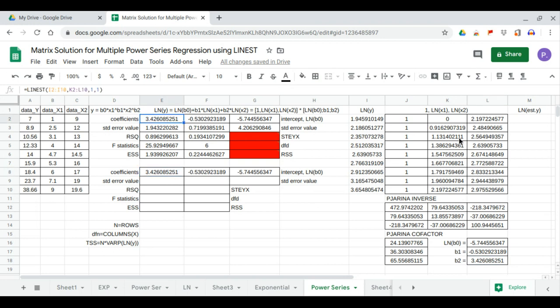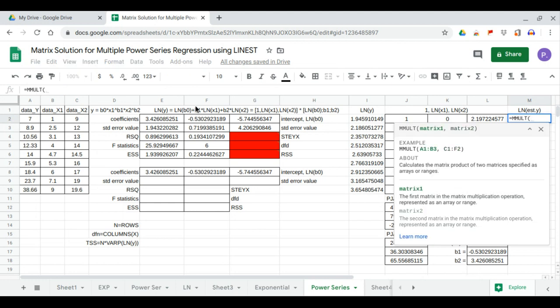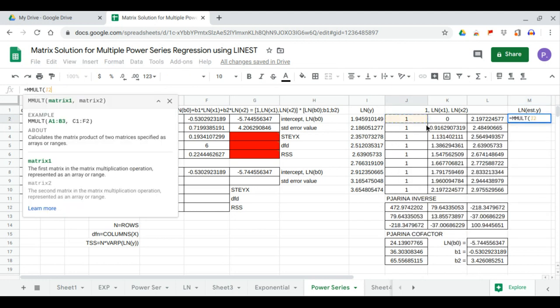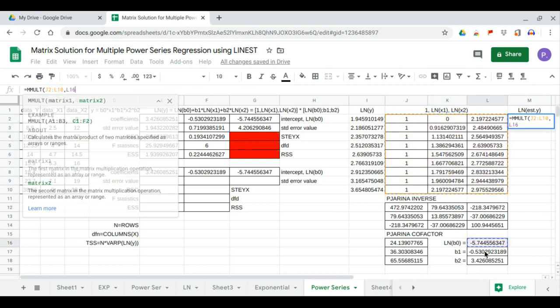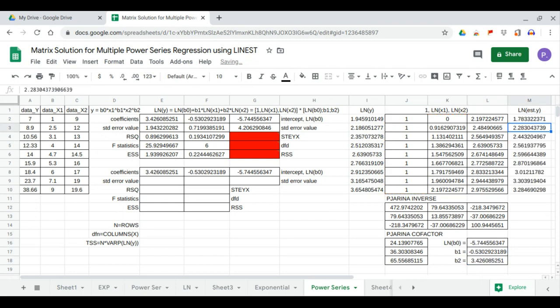Now we can calculate the RSS using the formula. We use MMULT, multiply the 1x matrix and the coefficients. Now that we have the coefficients, we multiply it. Now we have the estimated y values. We have the y values and the estimated y values in the linear form.